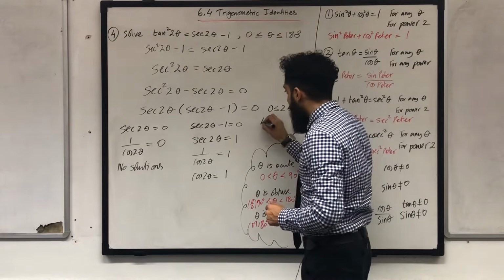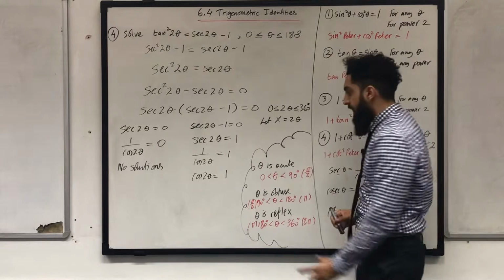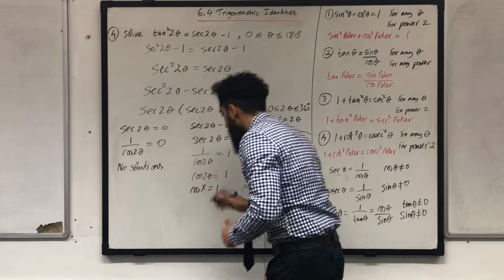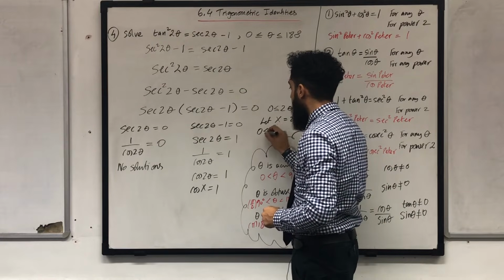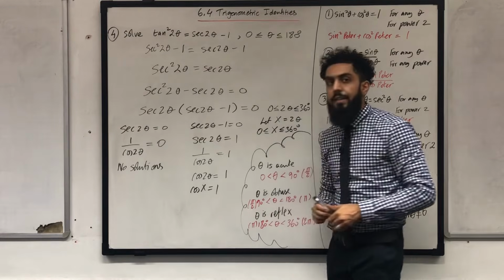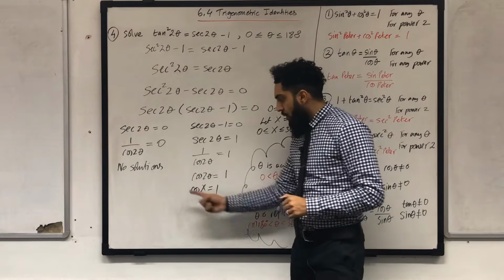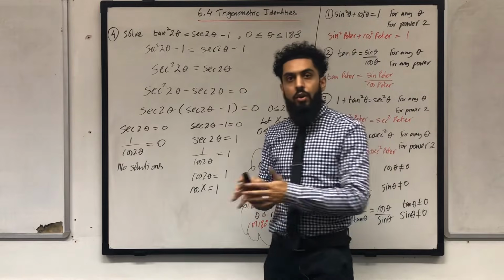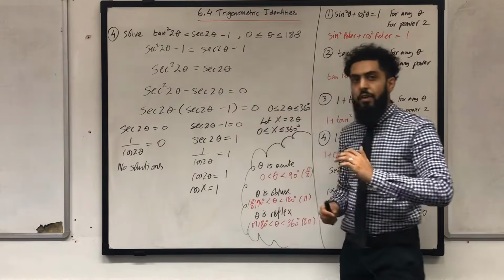Now I'm going to let x equal 2 theta. Okay, so I can rewrite this particular equation as cos x equal 1. And this particular interval, I can rewrite it in terms of x. So 0 is less than or equal to x, which is less than or equal to 360 degrees. Okay, so I can solve cos x equal 1 either using a CAST diagram or drawing the graph for cos x. It is easier to solve cos x equal 1 by drawing the graph of cos x.